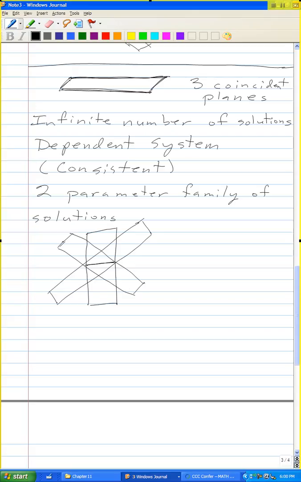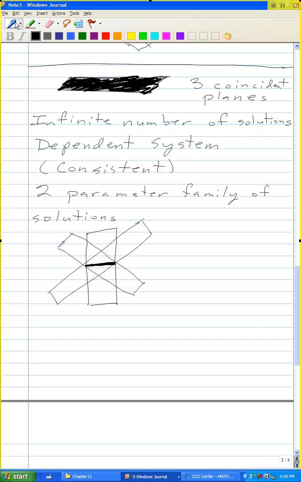And so the intersection will be, in this case, instead of every point on the plane is a solution, here every point on the line is a solution.